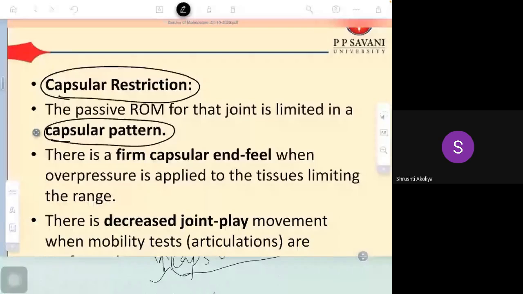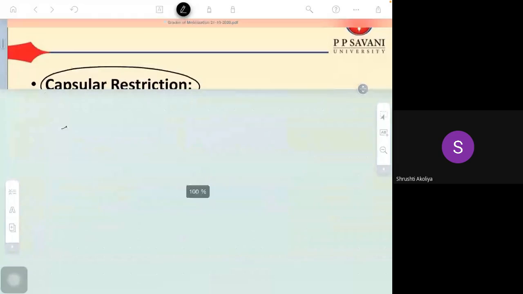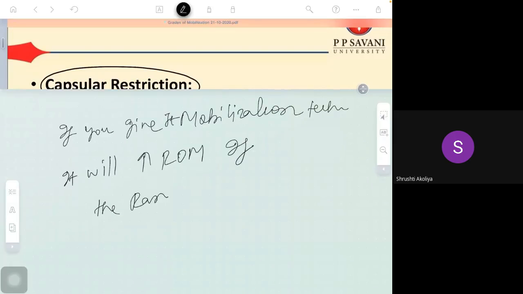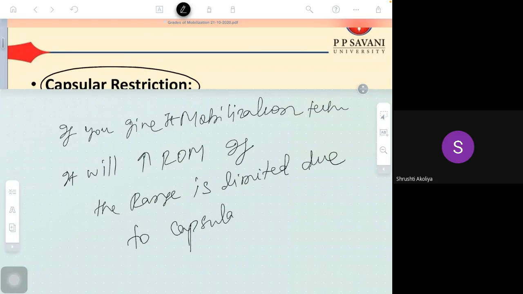That is, if you give mobilization, range of motion will increase. Or in other words, if you give joint mobilization technique, it will increase range of motion if the range is limited due to capsular pattern.